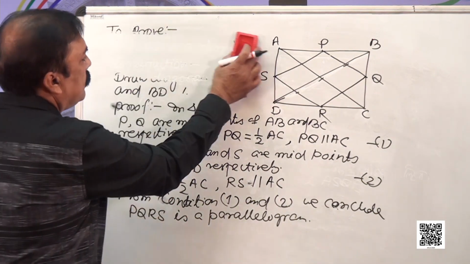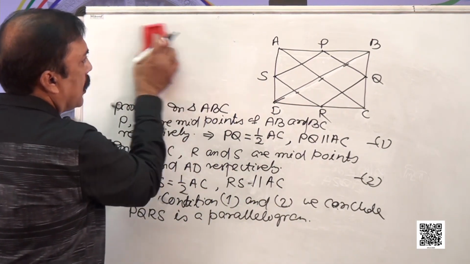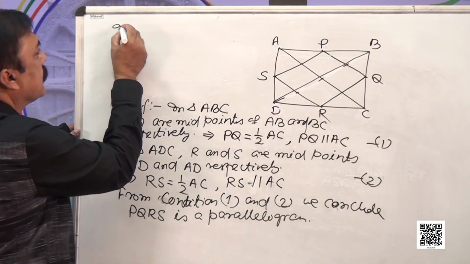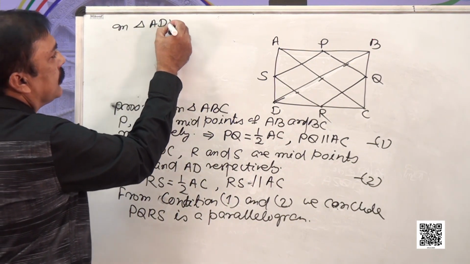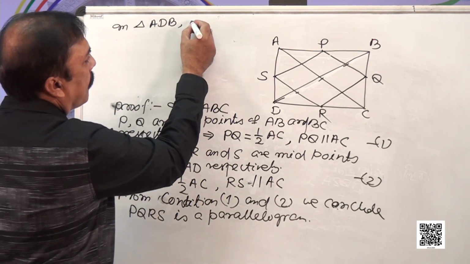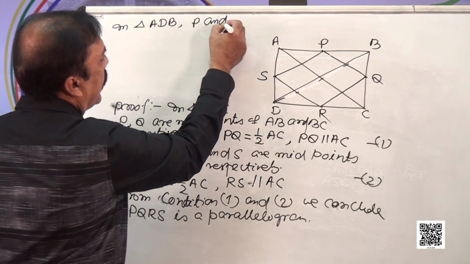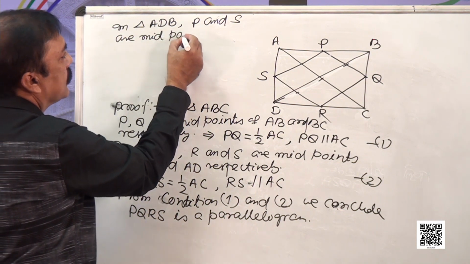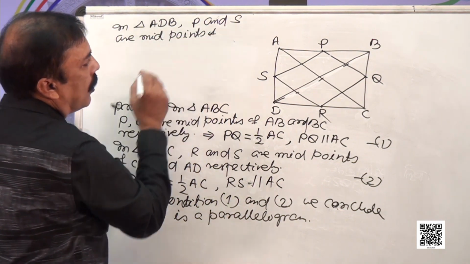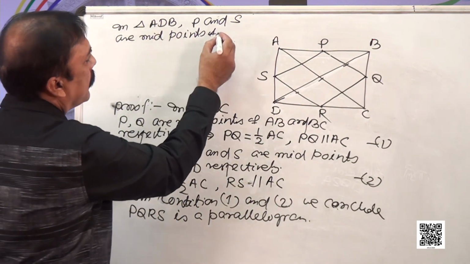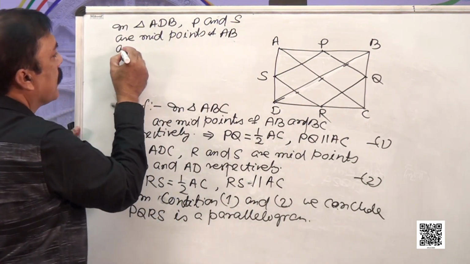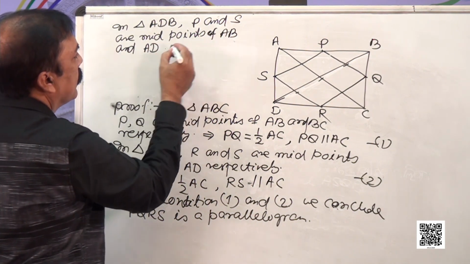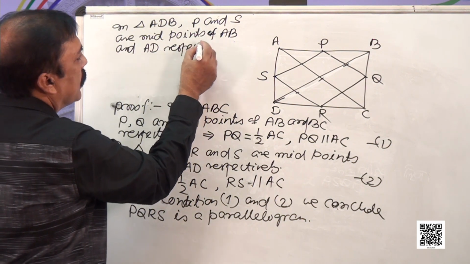Now, again, in triangle ADB, P and S are midpoints of AB and AD respectively.